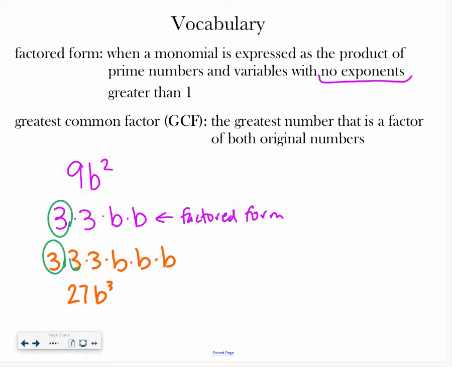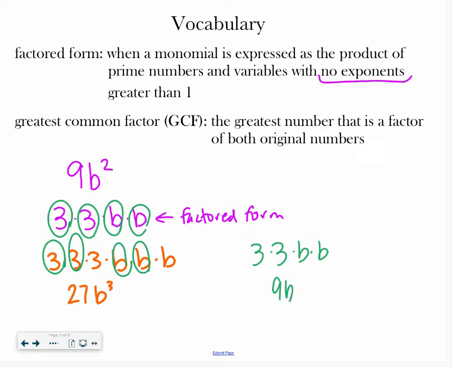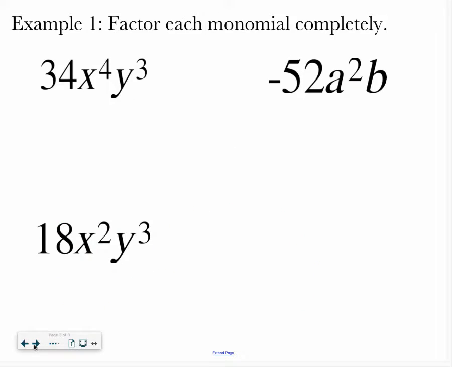So I have some terms that line up. So if I were to write out all of the things that I circled, I would see that my greatest common factor, this is when I can write it, is 9b squared, okay? And if you're confused by that, that's okay, because that's what we're going to go over in this lesson.